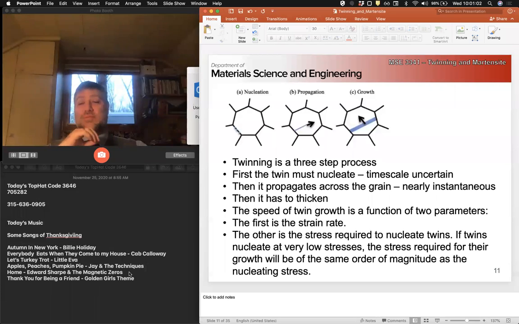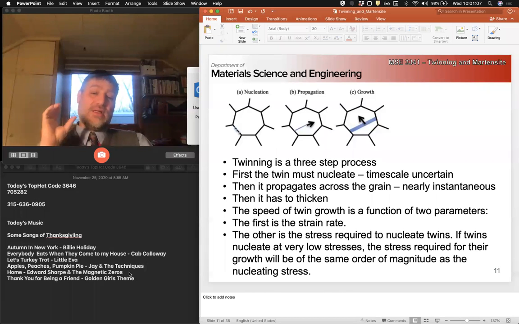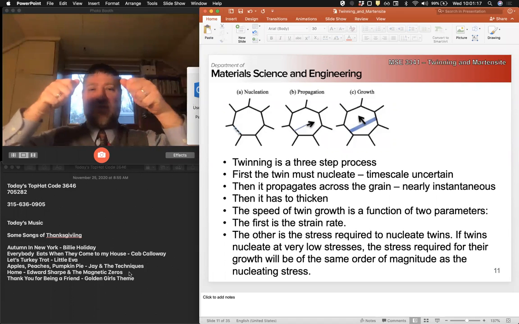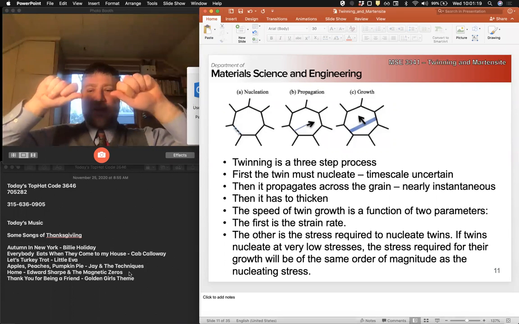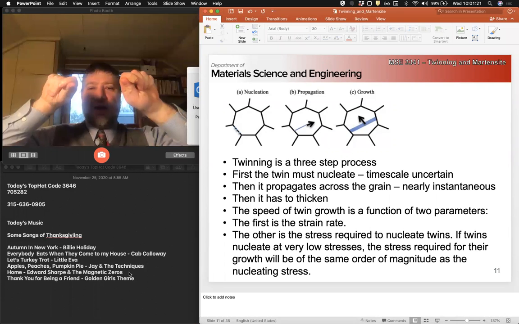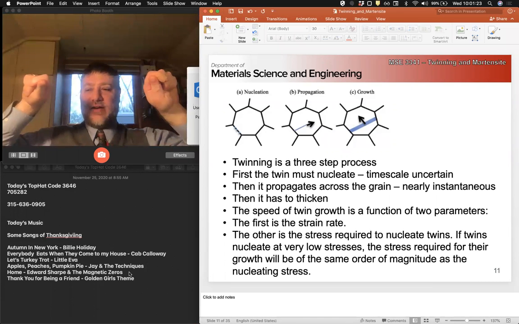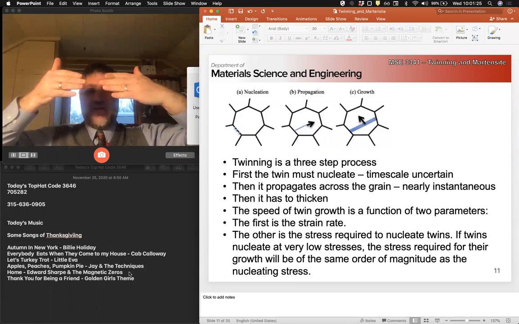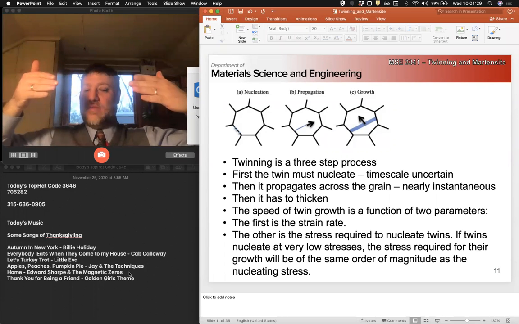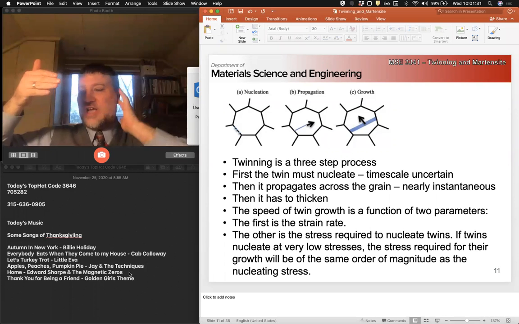There are lots of different designs for in situ mechanical stages. But the easiest is if you just have a thin foil in the TEM, and you apply a tensile load on it. You have two very finely threaded screws that move your sample apart.